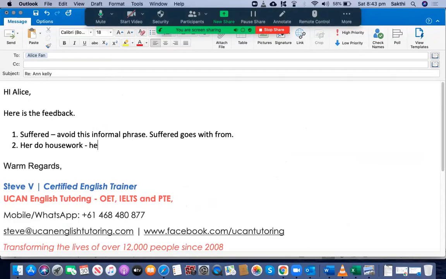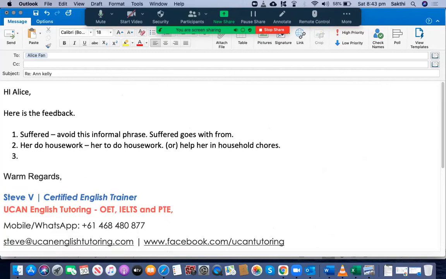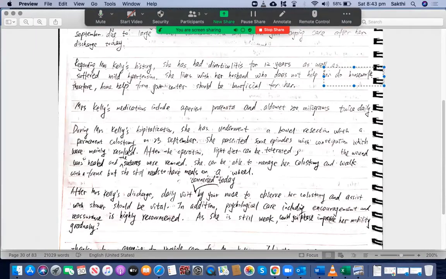So "help her to do housework." But to be more formal, you can use "help her in household chores." That would be much better. "Help her to do housework" is not good. The second one is more preferred, instead of the first one. All right.